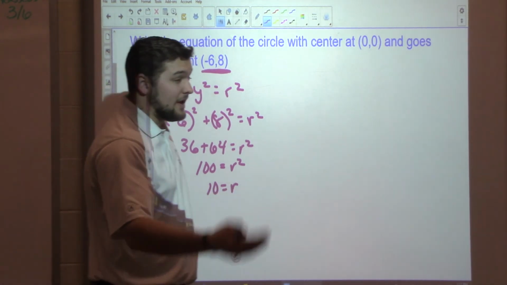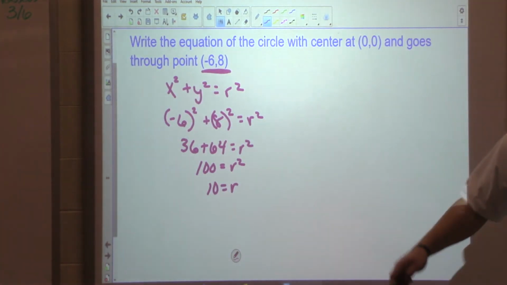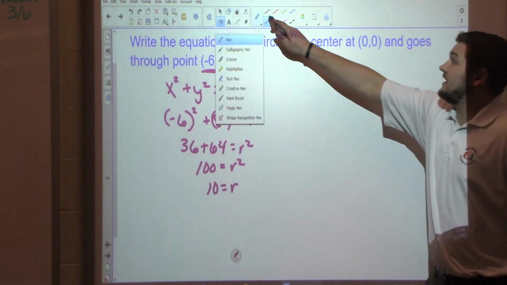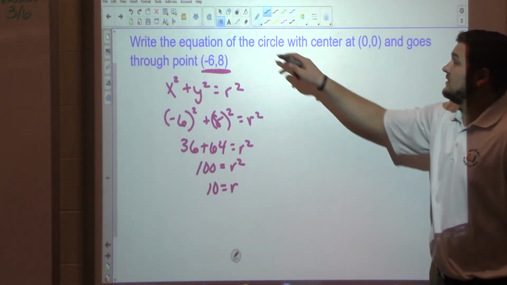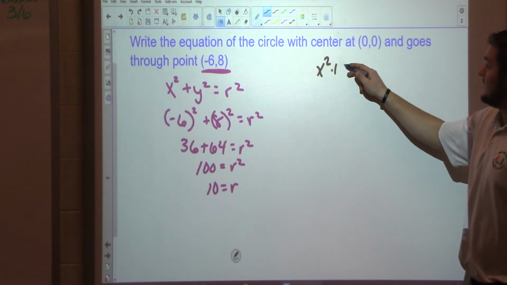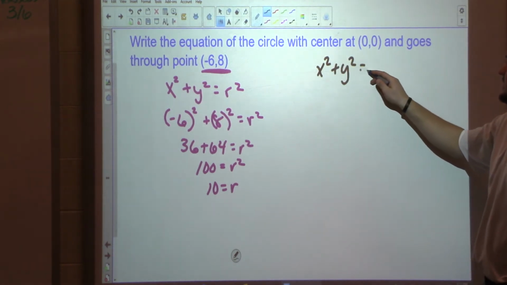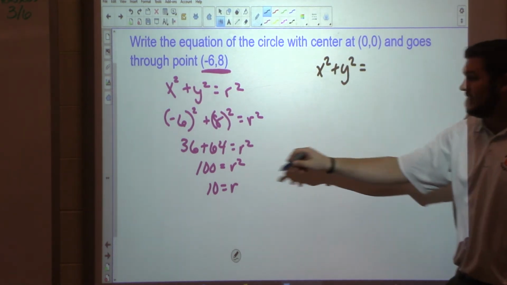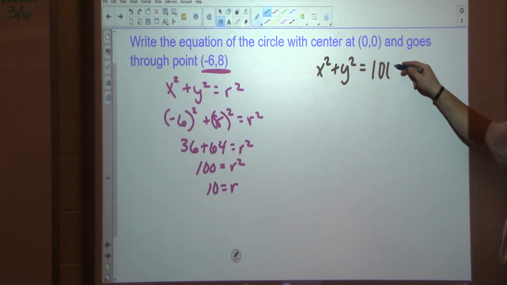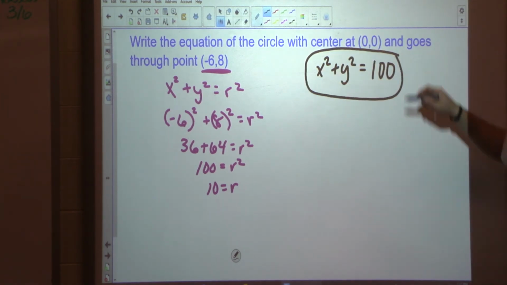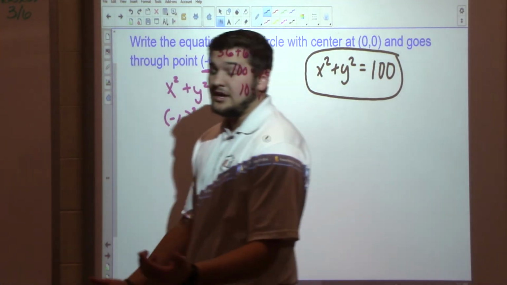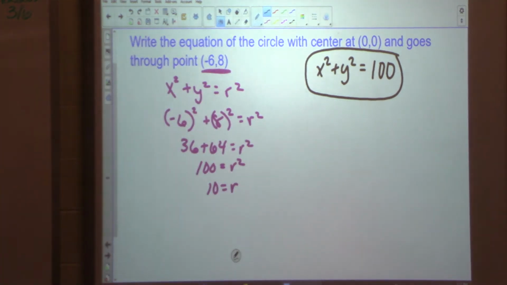So now that I know my radius, and I know it's centered at 0, 0, I can write an equation. Anything centered at 0, 0: x squared plus y squared, and then it equals my radius squared, which should be 100. So if it gives you your center and your point, find your radius, and then write the equation.